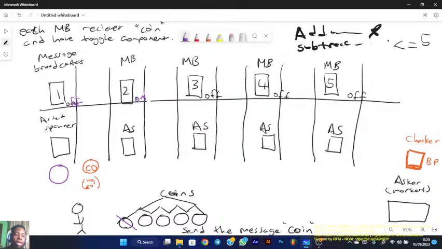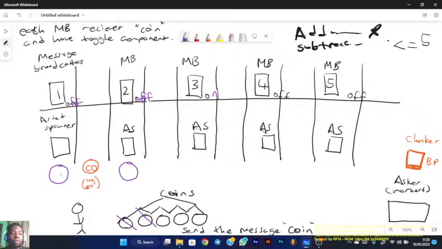If the player collects a second coin, since this one is on, it receives that message coin and sends a message that spawns a coin here, turns this one off and turns this one on.